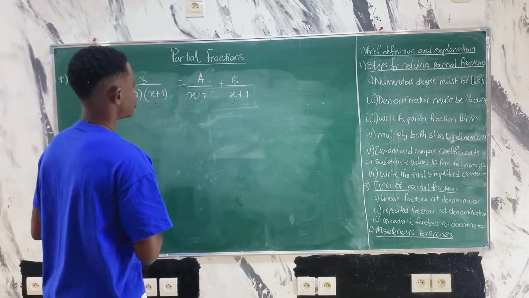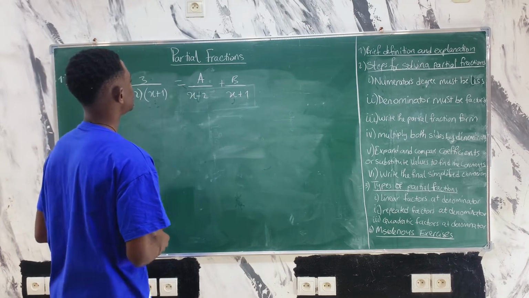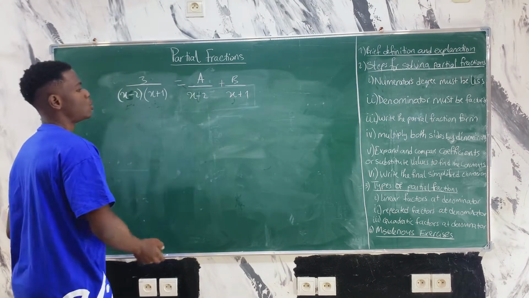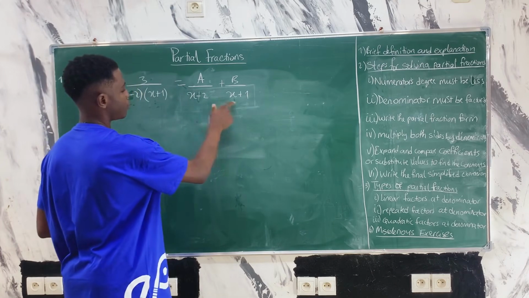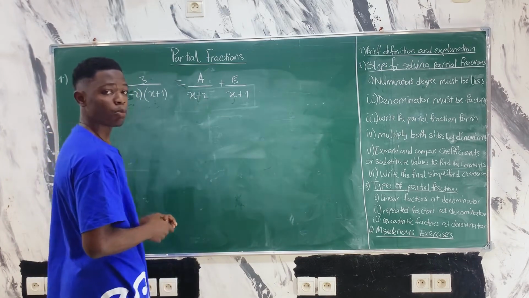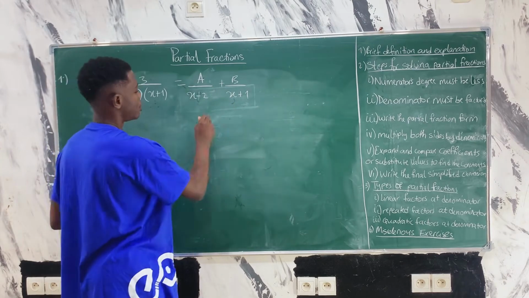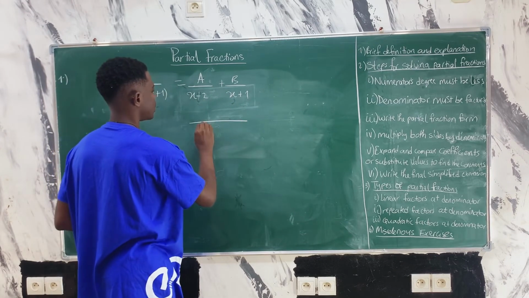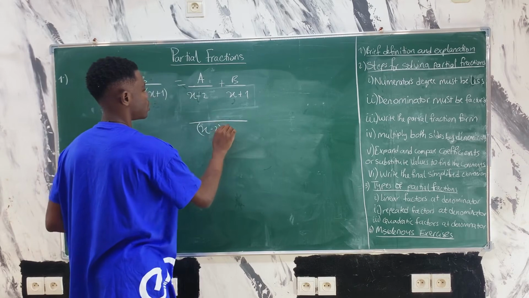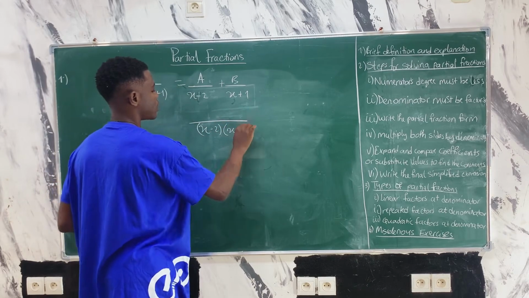So to continue solving, I will find the LCM of this. The lowest common multiple of these two will just be the product of the two. In this case, the product will be x minus 2 into x plus 1.